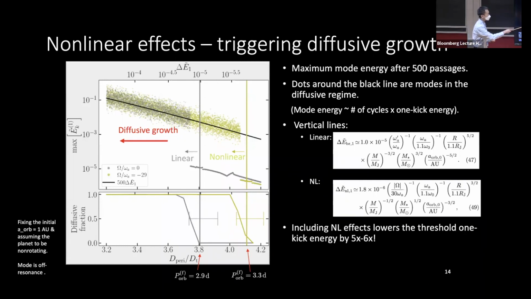Dots scattering around this black line correspond to systems undergoing diffusive growth. Those systems can experience efficient tidal dissipation and can potentially lead to hot Jupiter formation. The point I want to emphasize is that by including the nonlinear interaction, we allow more systems to experience diffusive growth, and it opens up the parameter space where hot Jupiters can form.